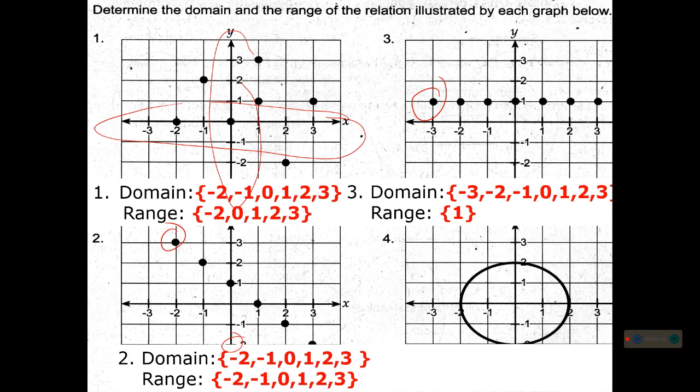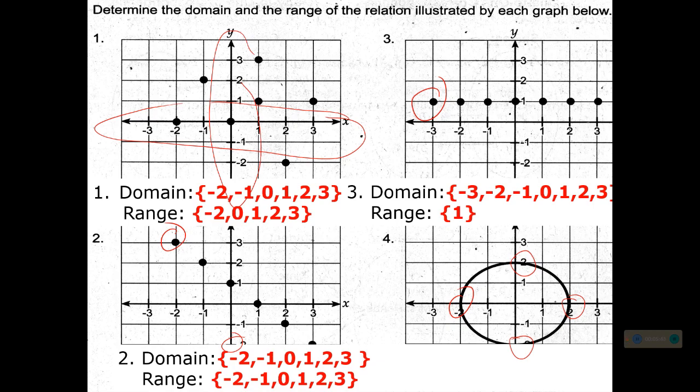Next, number 4. The graph is circular, so there are no given points, but still you can see that it touches a number here, here, and also here. Again, for the domain, start with the least x value.